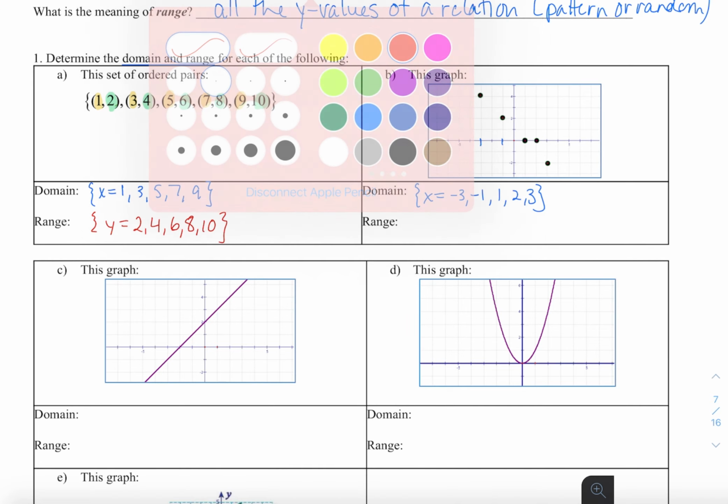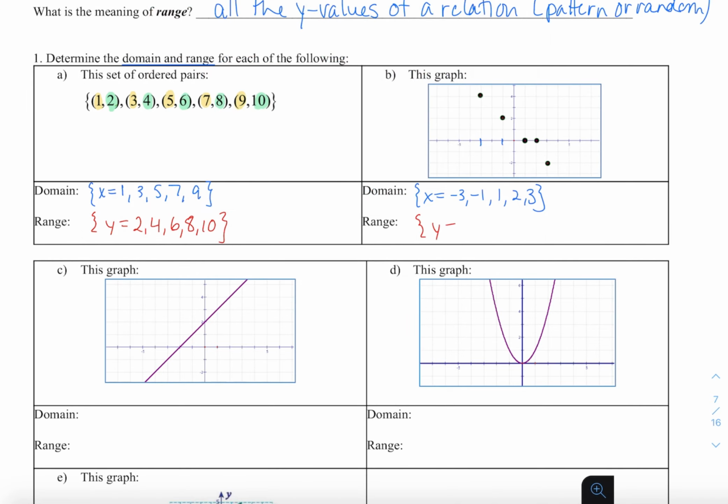And my y values, or my range values, are, and I always start with the negative numbers, and I go up from negative infinity towards positive infinity. So in this case, y is -2, 0, and I don't write 0 down twice. I don't do that, okay? 0 is there. If it's there, you only need it once. -2, 0, 2, and 4. All right.